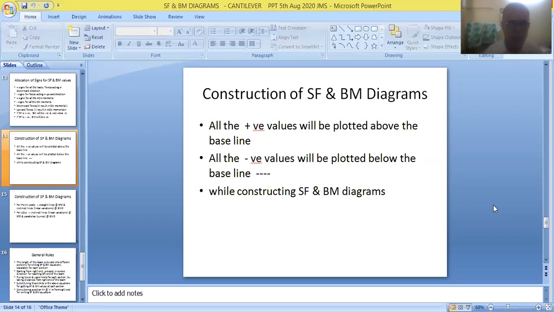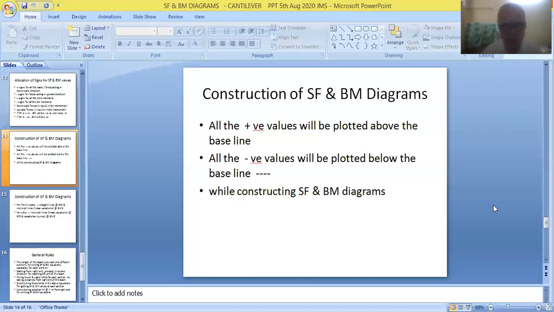So all the positive values will be coming above the baseline, and all the negative values will be coming below the baseline. This rule has to be used for constructing SF diagrams, also for constructing bending moment diagrams. So positive values of shear forces will be coming above the baseline of the shear force diagram, and negative values of shear forces will be plotted below the baseline of the SF diagram.